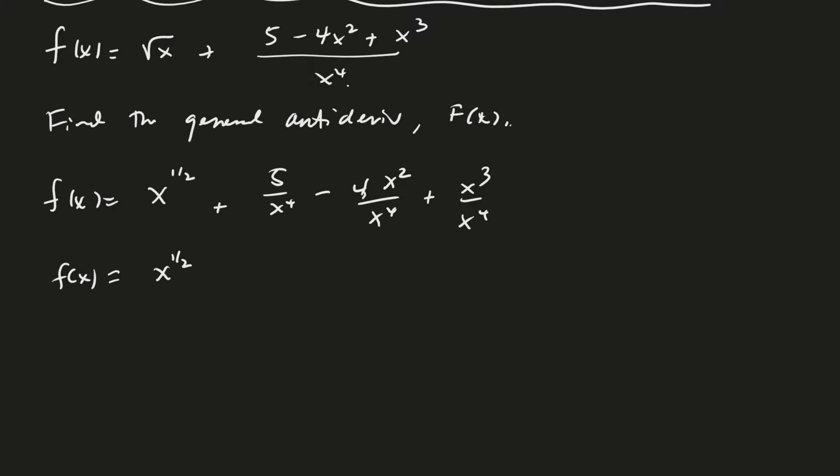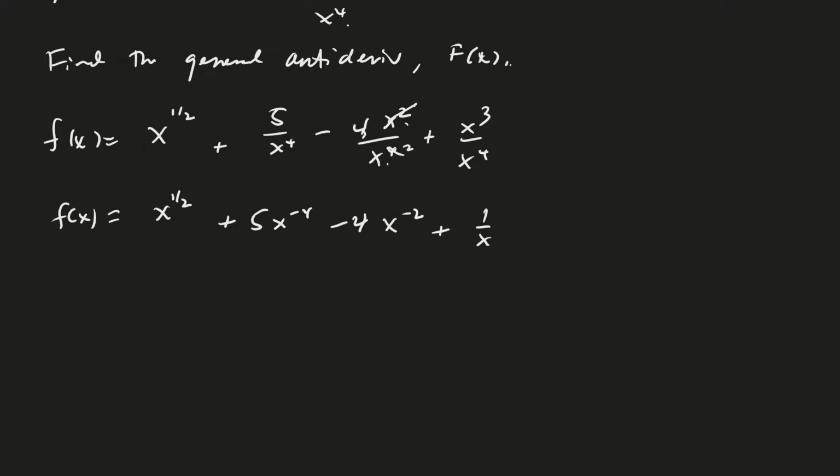X to the 1/2 power plus 5x to the minus fourth power minus 4. Now 2 of those canceled with those 2, bring this up and you get x to the minus 2 power, plus 1 over x, or x to the minus 1. Well, we can just leave it as 1 over x. Good, as a little hint.